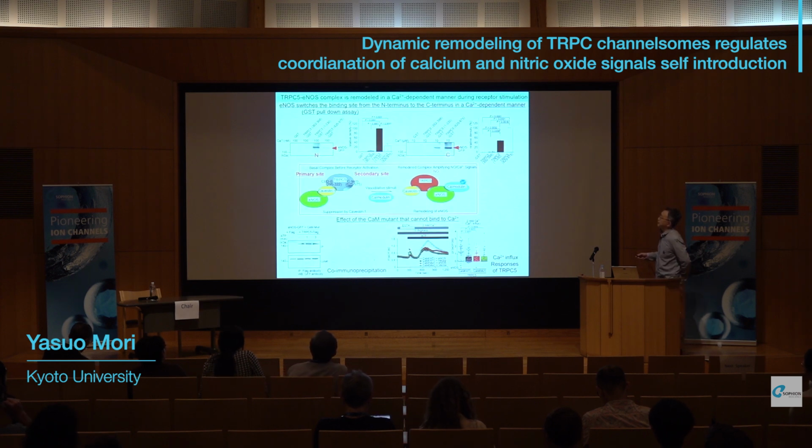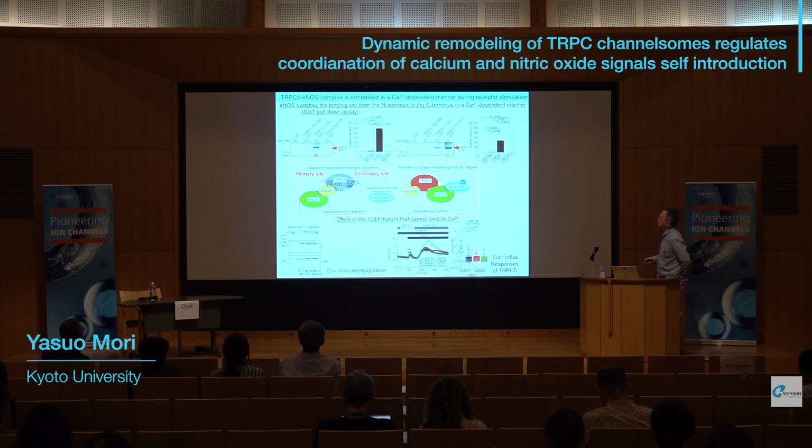We also did the GST pull-down assay. When the calcium concentration is 100 nanomolar, the main binding site is in the N-terminal region, as already shown. But once the calcium concentration was increased, the binding site shifted from the N-terminus region to the C-terminus region, as indicated with this intense band.